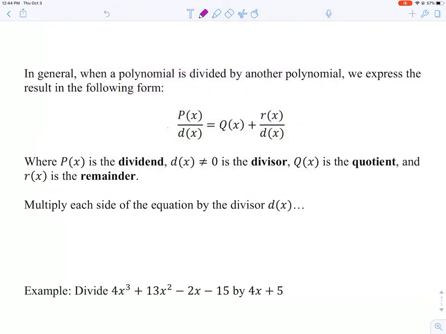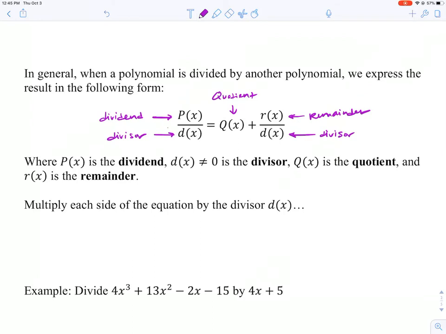And p of x is the dividend. d of x is the divisor. q of x is the quotient. And r of x is the remainder.